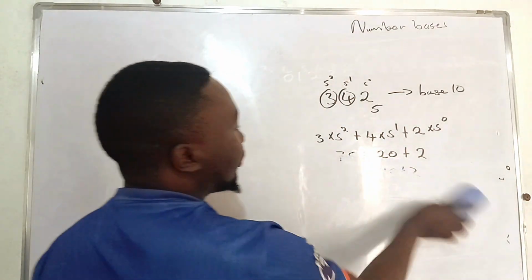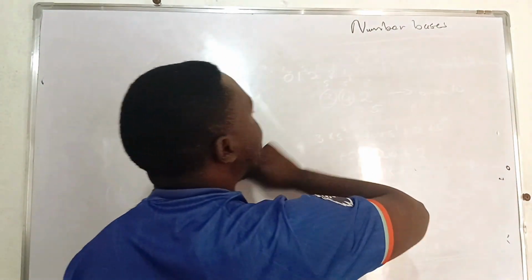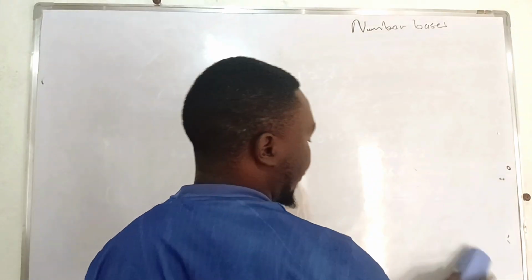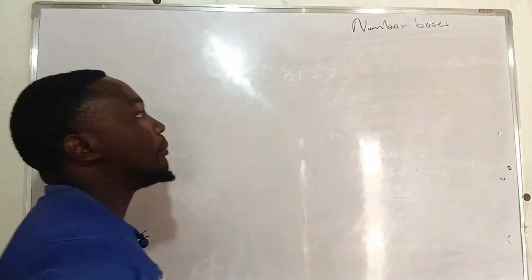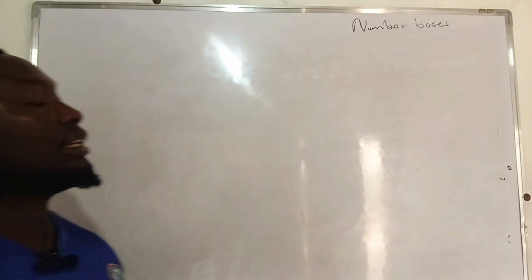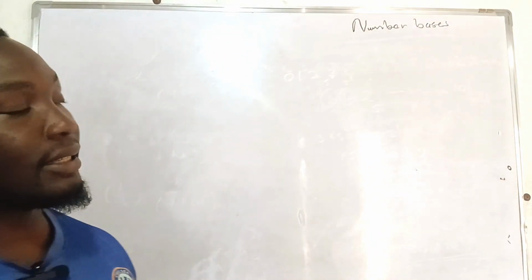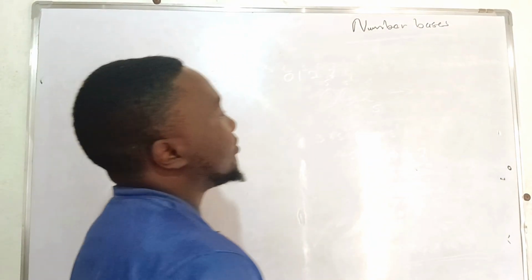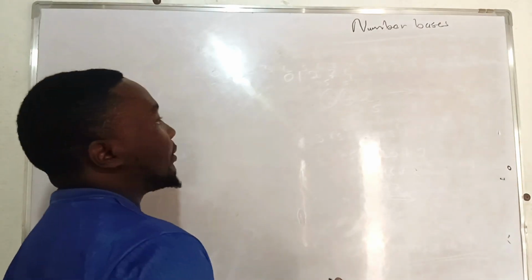So how do you turn a number in base 10 into any other base?